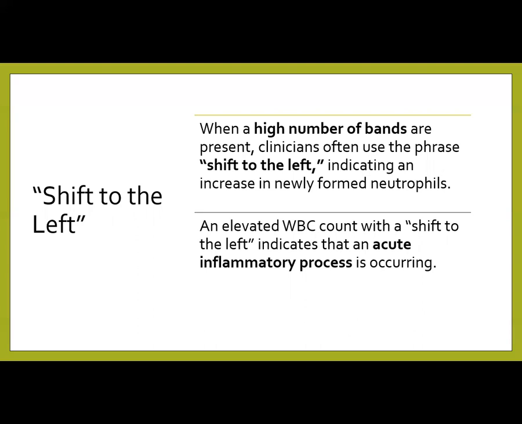An elevated white blood cell count with a shift to the left indicates that an acute inflammatory process is occurring. This is mostly just a quick-hand way to say, hey, we're seeing a lot of immature neutrophils. That means we're actively trying to have this inflammatory response. So it's a very quick way to write it, and if you see that in the chart, that is what it means.